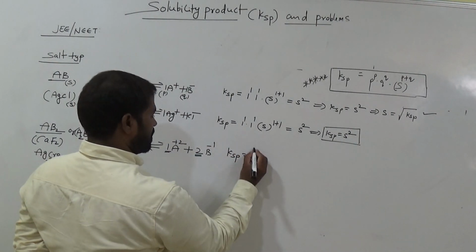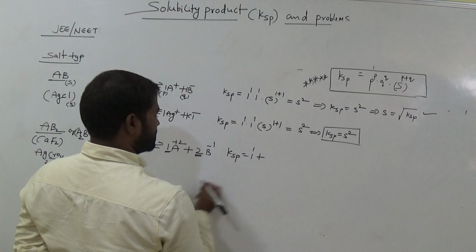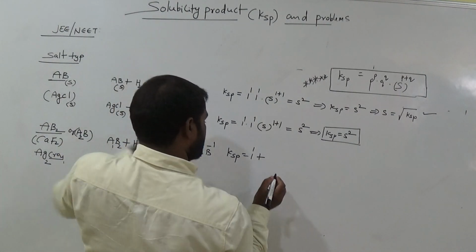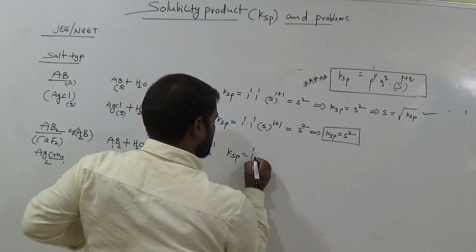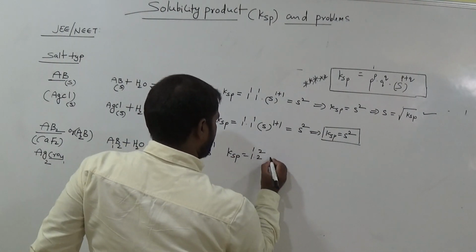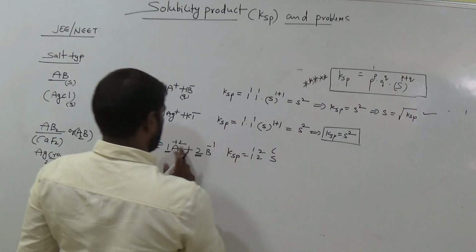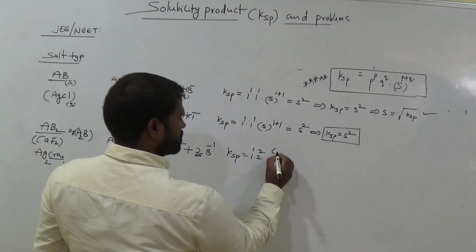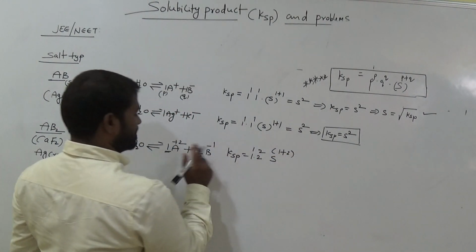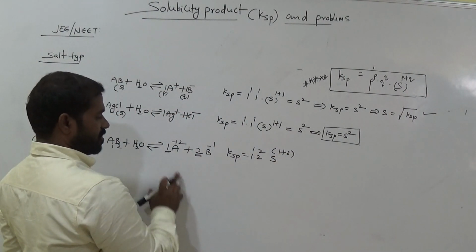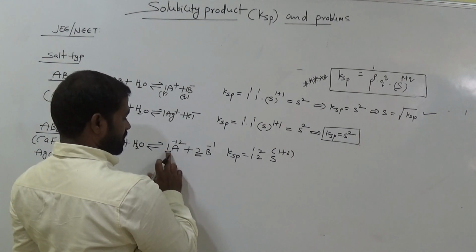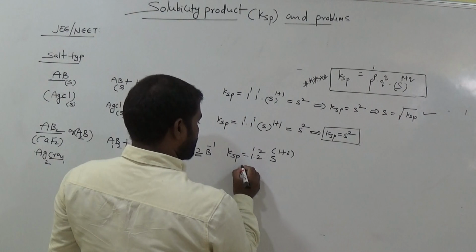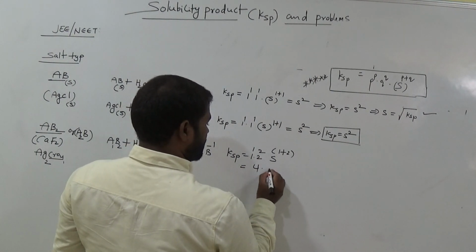Now, what about Ksp here? 1 power 1 into 2 power 2, S whole power 1 plus 2. Don't consider minus or plus, add the powers. 1 plus 2, P plus Q. Now it is 4, am I right?